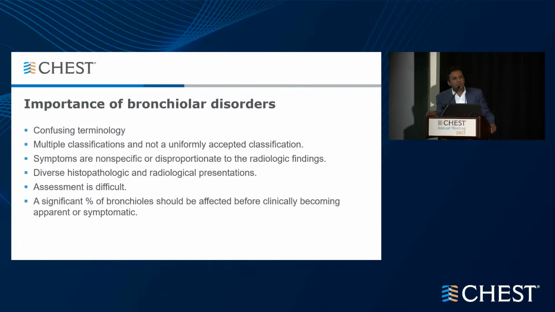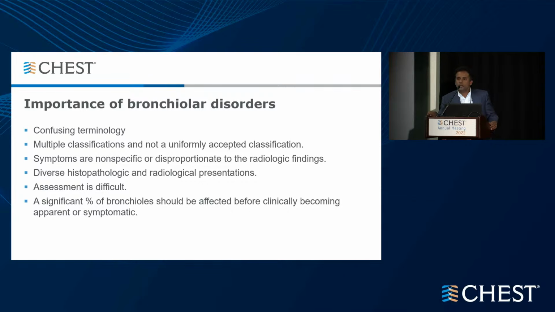Now, the first question is what is the importance of bronchiolar disorders, and the importance really lies in its confusing terminologies and the different terms which have been applied to classify or define bronchiolar disorders. So one, it has confusing terminology.